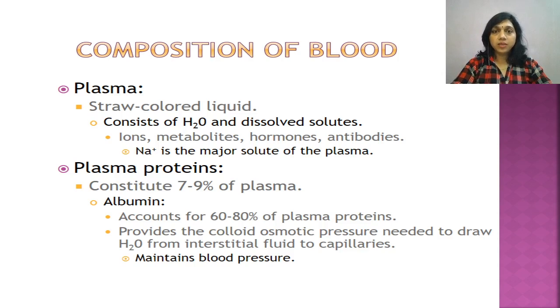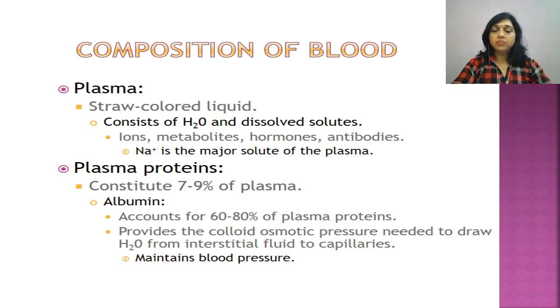Apart from this, plasma also contains plasma proteins. Plasma proteins constitute around 7 to 8% of the plasma, and they are of different types.